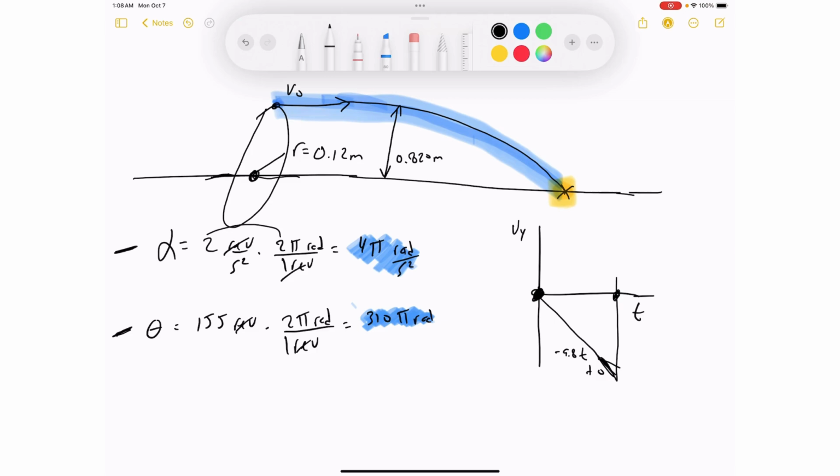Something's going to happen: it's going to hit the ground. How far has it traveled vertically before it hits the ground? You can see right here that the vertical distance is 0.820 meters. So I can say 0.820 meters on this graph.